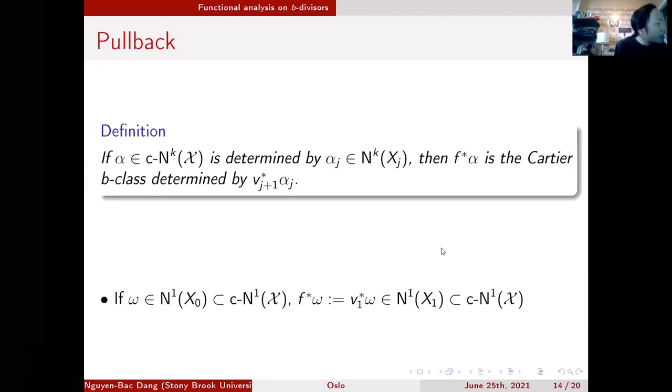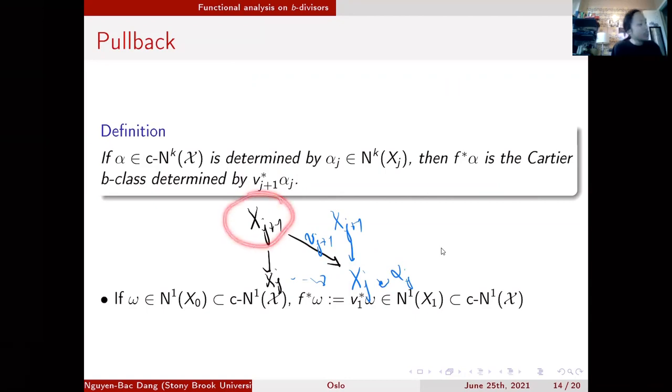So if you have a model x_{j+1} that maps to x_j, and you had a map v_{j+1} here, and the model x_j here, x_{j+1}, you take a class alpha_j in here, and you define the pullback of this class alpha_j to be the one that is induced by the pullback by v_{j+1} of alpha_j. So alpha_j lives here, and you pull it back and you get a class here.